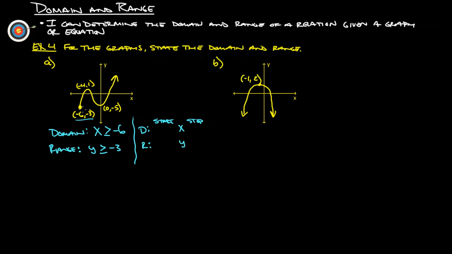Where does the domain start? This start and stop is always reading from left to right. It starts here when x is -6. And when does this thing stop? It doesn't stop, so we just leave that blank. If there is no stop or no start, then we just leave it blank. Oops, that's -6, not -3.